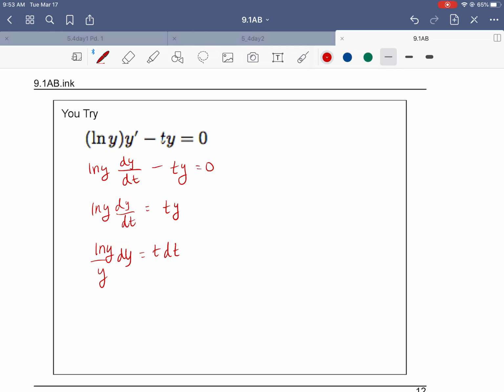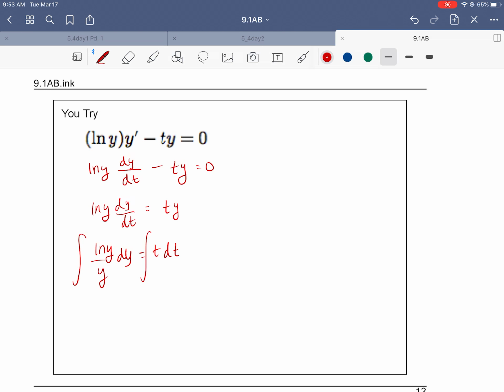So here's where we're ready to integrate, but the left-hand side is a little tricky looking. Okay, and this is not a traditional u sub, because a lot of the times I've said use the denominator as your u. In this case, I end up using ln y as my u, because ln y derives to 1 over y.